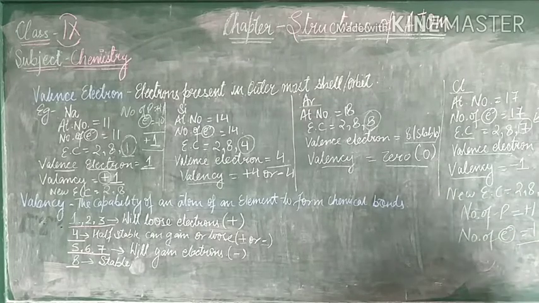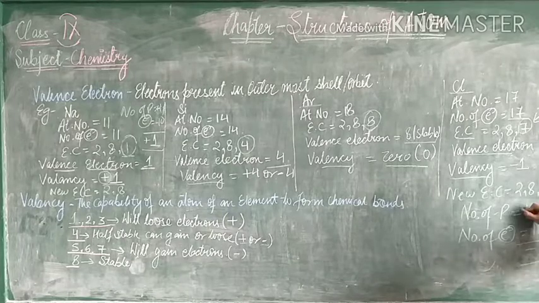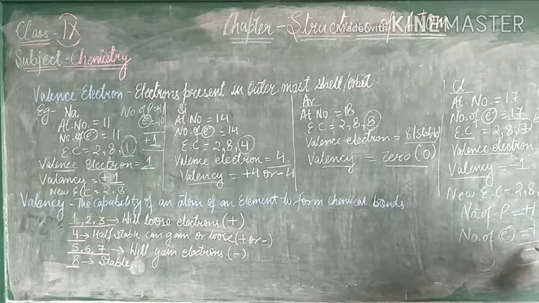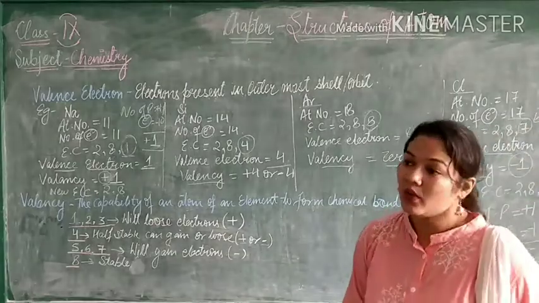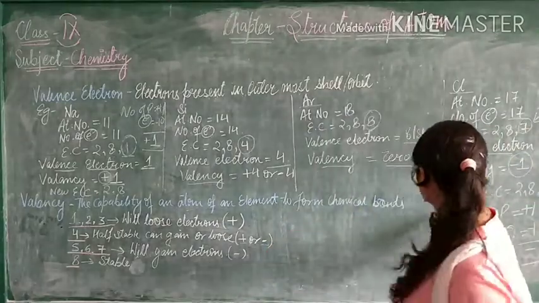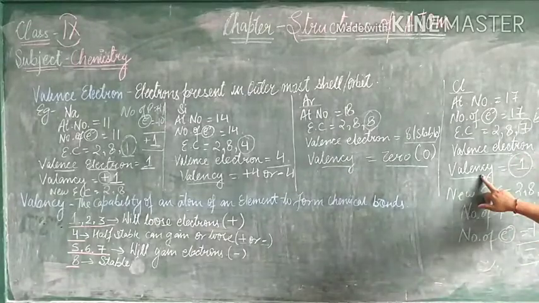Just deduct them. So 18 minus 17 means 1. And which number is greater? 18, and it is having the minus sign. So the valency will be minus 1. And now, okay, so you can use this method, number of protons and number of electrons, to take out the valency.